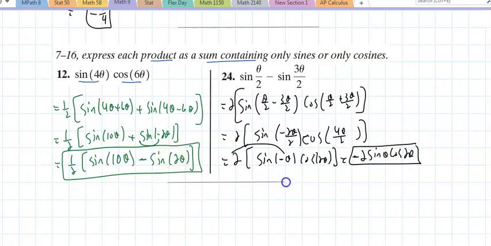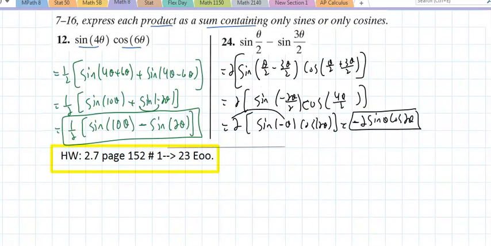I'm not going to get into identities, like I said, I'll give you the homework. I did forget one thing. On number 24, when you get to these directions, it says express the sum as a product. You'll see the directions. Homework is 1 through 23, every other odd.